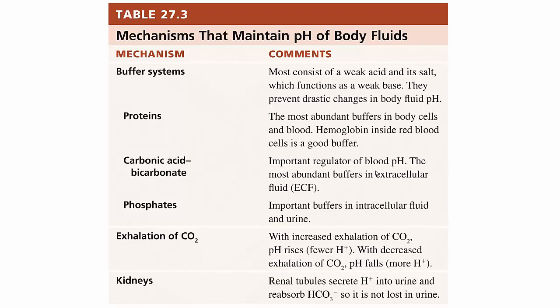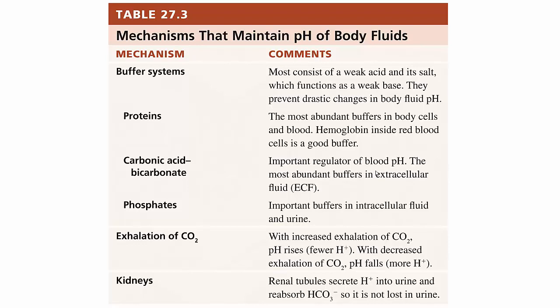The carbonic acid bicarbonate buffer system takes two different substances. One acts as a weak acid, the other as a weak base. And this buffer system depends on a reversible reaction that can go back and forth. The weak acid used here, guys, is carbonic acid, and it is really unstable. It's a really unstable molecule. You should know that for your exam. And it tends to react very quickly.